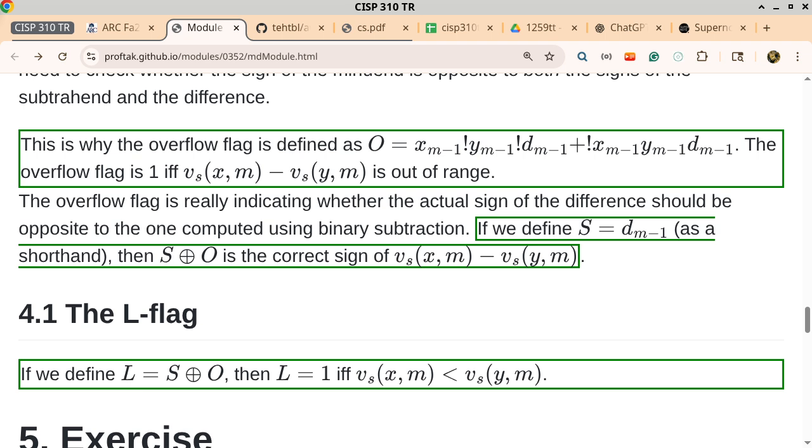So now between the L flag and the borrow flag, the overall borrow flag in the subtraction, we can now determine whether x is less than y. The borrow flag is useful for unsigned comparison. The L flag is useful for signed comparison.